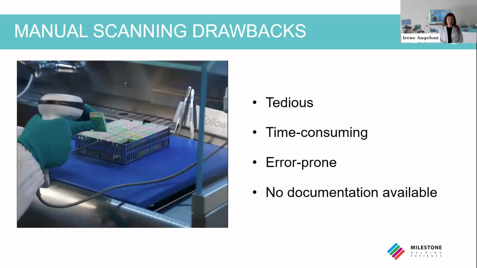The traditional method of manually documenting sample information, test results, and so on can be time-consuming, prone to human error, and at the end, you don't have the correct documentation available.